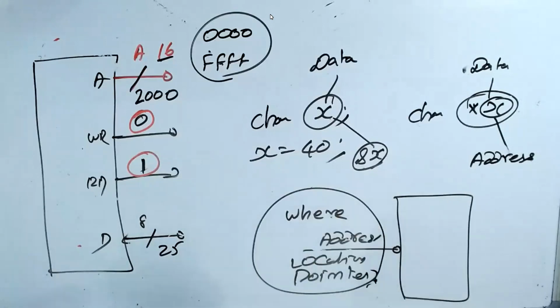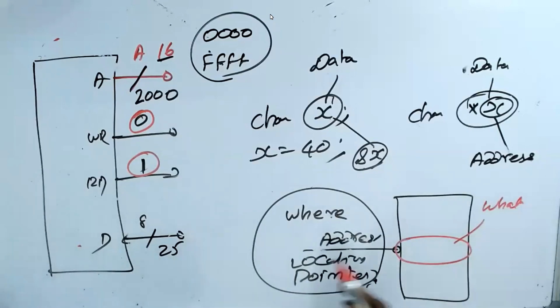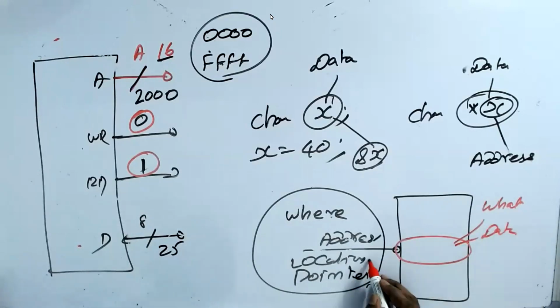Based on the place, we use different names. Where are you going? That we use in English. Which location are you going to? You're more specific, like the street. In hardware, we call that an address. In C, as a programmer, we call it a pointer. And this other thing is what you are going to write. That is data in hardware, and in English, content.